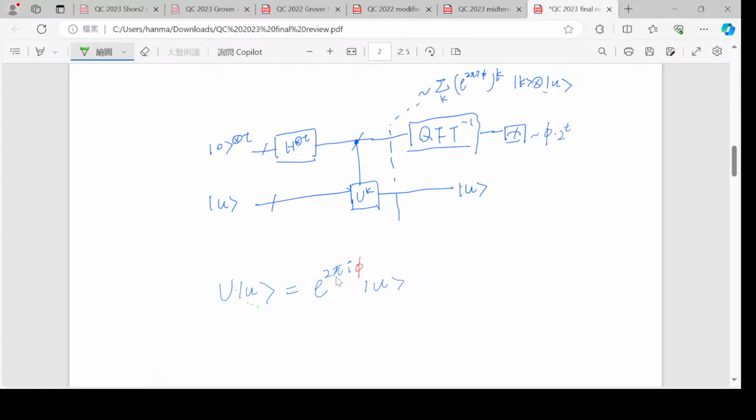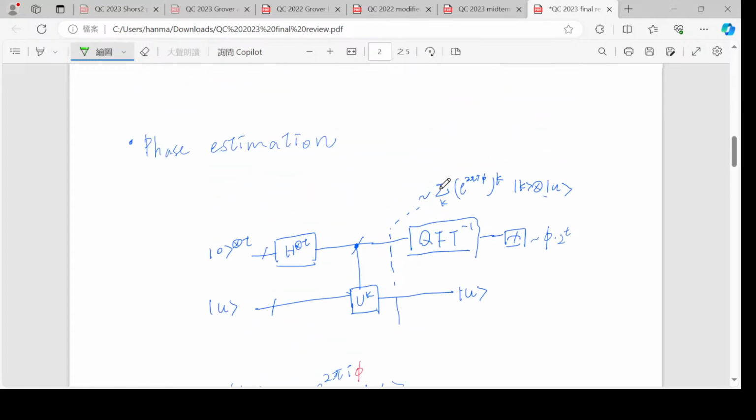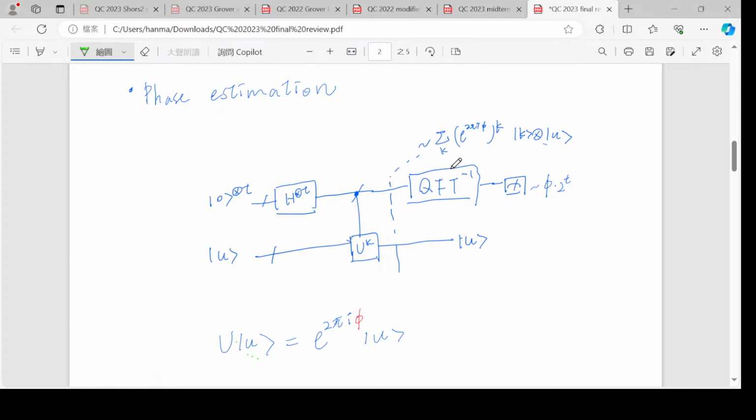And what we do is we can do this circuit here. We need some precision parameter, small t here. But for now we ignore the precision. So we have some precision parameter small t, and we start with 0 on these t qubits, and we do Hadamard.